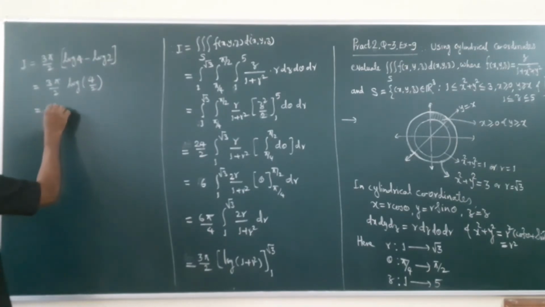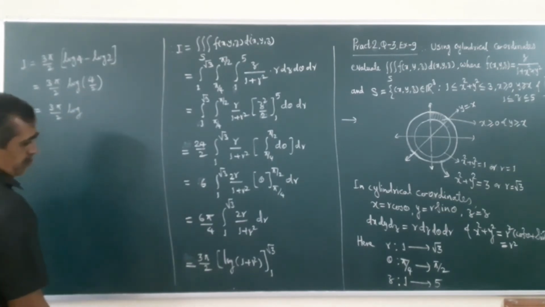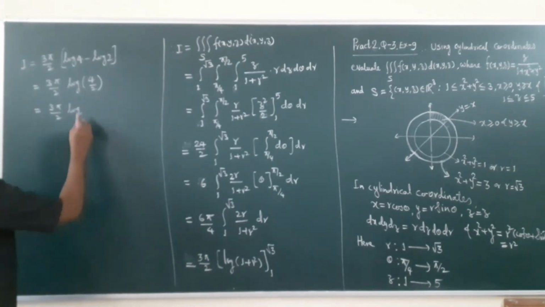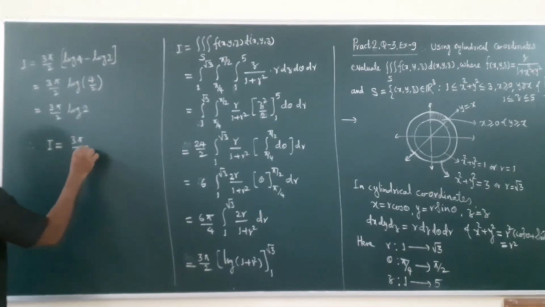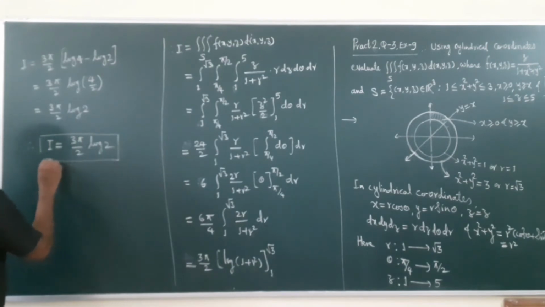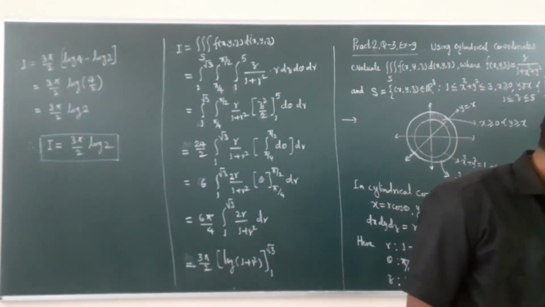So that is 3 pi by 2 into log of 2. Therefore, I is equal to 3 pi by 2 into log 2. This is the final answer of your given problem.